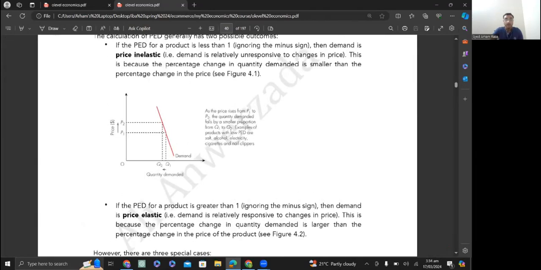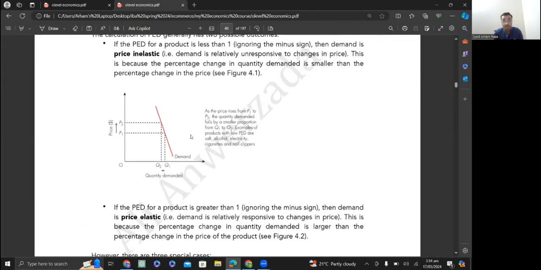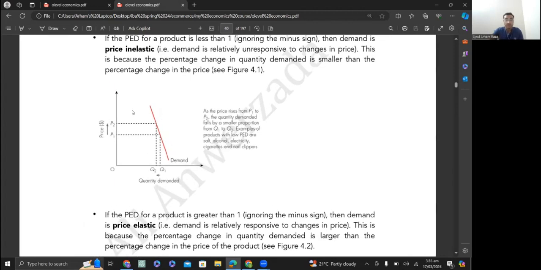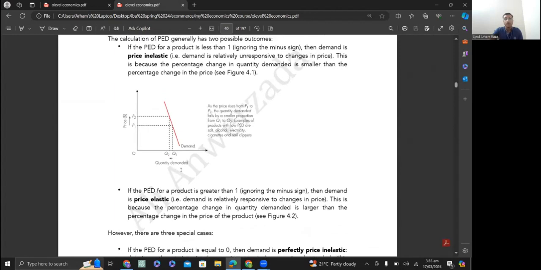Now, the demand curve for inelastic goods will be a negative slope demand curve, that's how the demand curve is, but there will be a steep slope. It will be a steep demand curve. On the other hand, the demand curve for elastic goods will be a gentle demand curve.